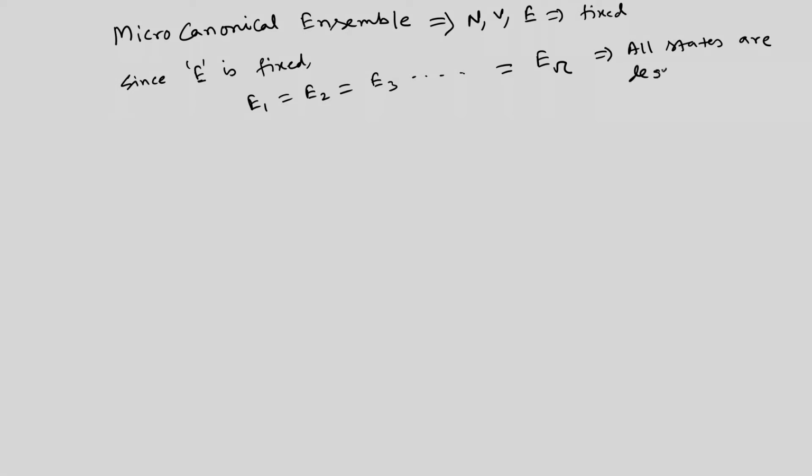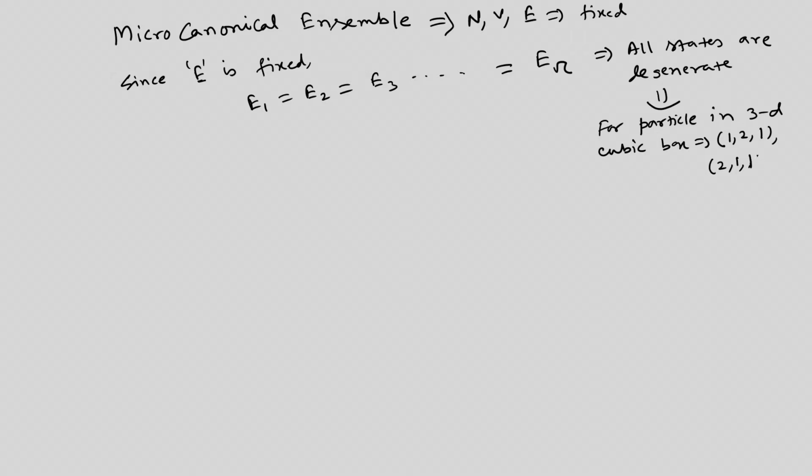Very similar to the particle in a box, consider a particle in a 3-dimensional cubic box, and suppose we have nx, ny and nz values of 1, 2, 1 or 2, 1, 1 or 1, 1, 2.